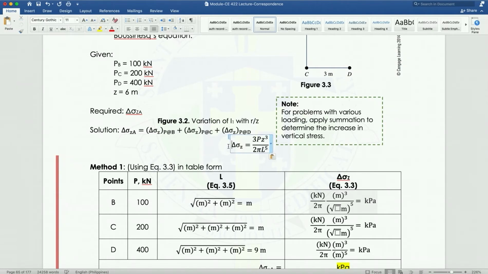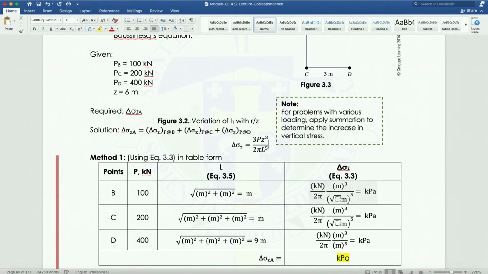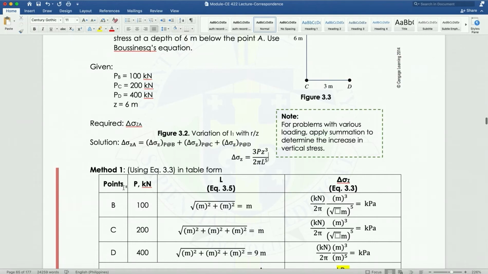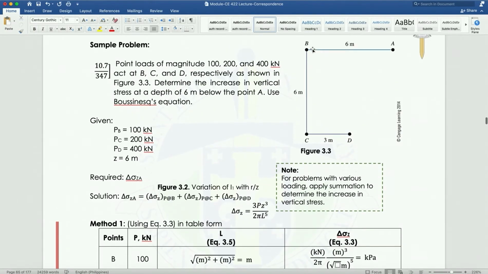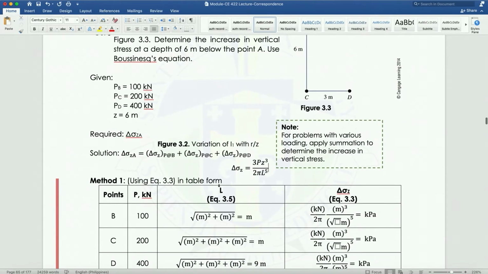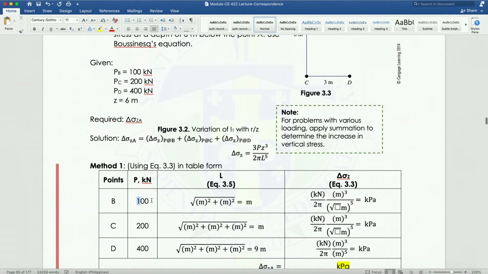Now for an easier solution, it would be best if we are going to have it in tables. Okay, so take note, the points here are point B, C, and D. So you have here the corresponding forces: 100 kilonewtons, 200 kilonewtons, and 400 kilonewtons.